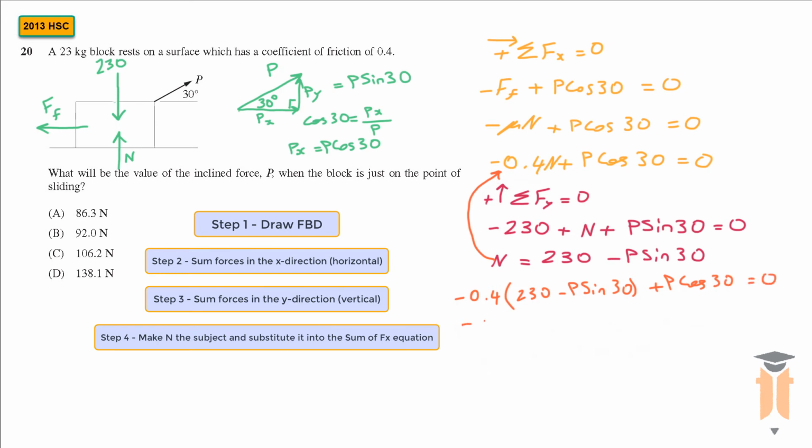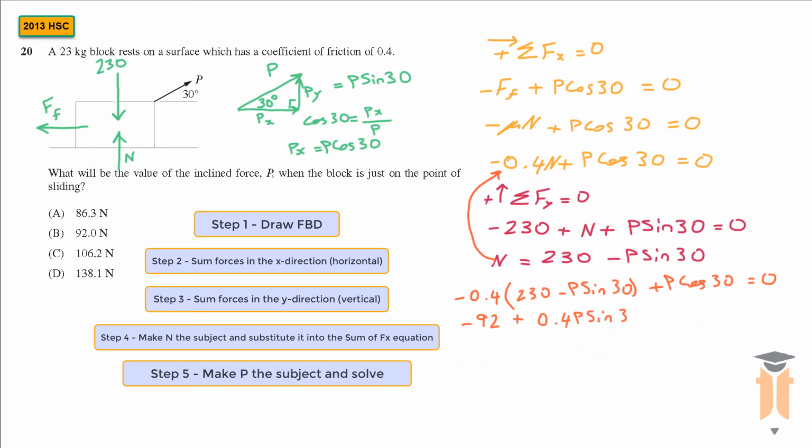Expand the brackets and you get minus 92 plus 0.4 P sine 30 plus P cos 30 equals 0. Now I want to move the 92 to the other side so I can keep P's on one side and that number on the other side. So now I'm left with 0.4 P sine 30 plus P cos 30 equal to 92.